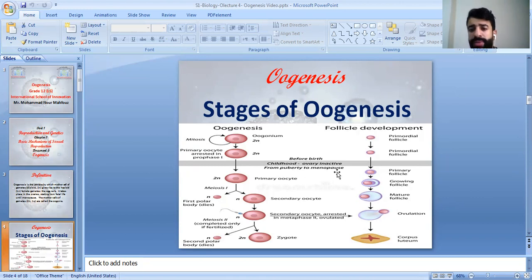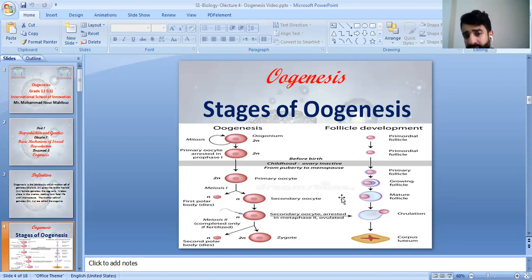From puberty till menopause, what will happen? The primary oocytes undergo meiosis 1 to give the first polar body, which dies, and the secondary oocyte, which is oocyte 2. Oocyte 2 will undergo meiosis 2 and will get arrested in metaphase 2. If you have fertilization, it is completed, and we have the second polar body, which dies also, and we have the zygote.